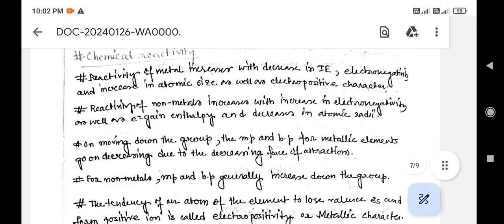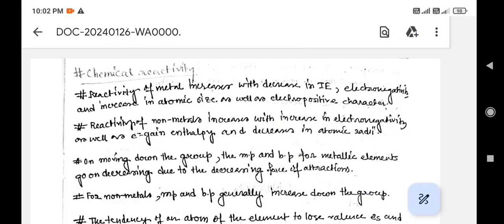Okay. Chemical reactivity. The reactivity of a metal increases with a decrease in ionization energy and electronegativity. That is in the periodic table. The atoms on the left side belong to metals, and their reactivity is proportional to atomic size and electropositive character, and inversely proportional to ionization energy and electronegativity.